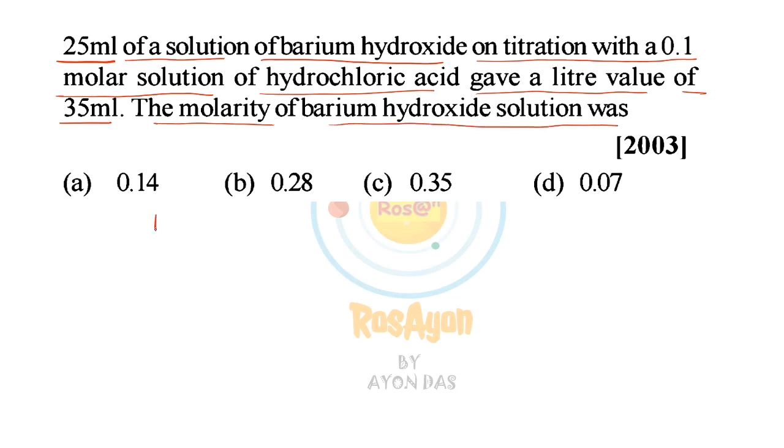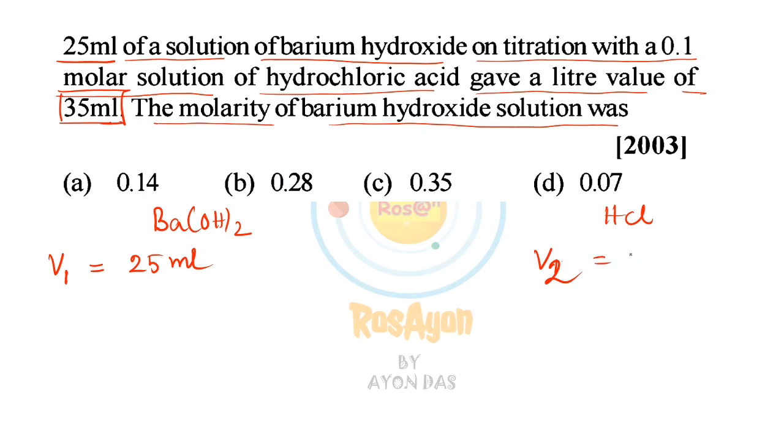That means here barium hydroxide is treated with HCl. The volume of barium hydroxide is given, 25 ml, and the volume of HCl comes from the titration, that is 35 ml.